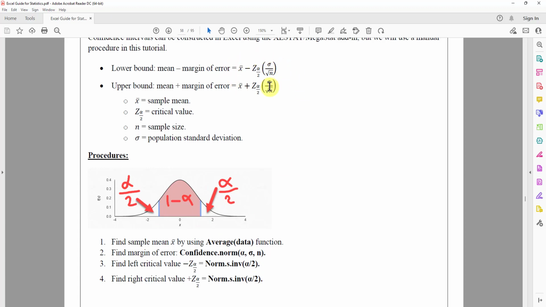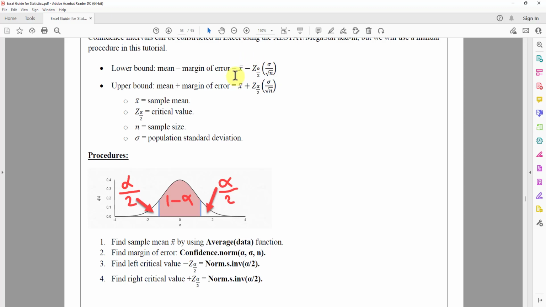Looking at the formula, we need to find the sample mean x bar. This is just the regular mean or the arithmetic mean. We can do that by using the average function.